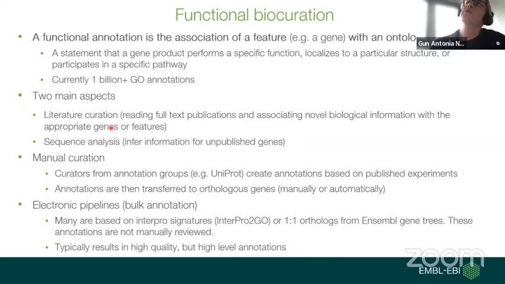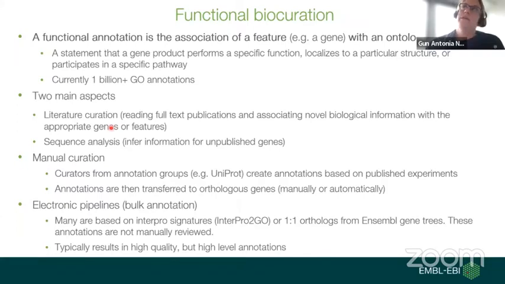But we can also do functional curation, where we associate these features, for example, a gene, with different ontology terms. So an annotation is a statement that a gene product performs a specific function, or it localizes to a certain part of the cell or participates in some pathway. And currently in the GO, there are over 1 billion GO annotations.